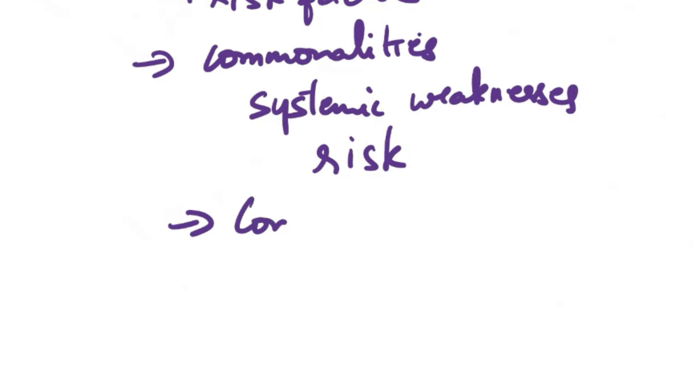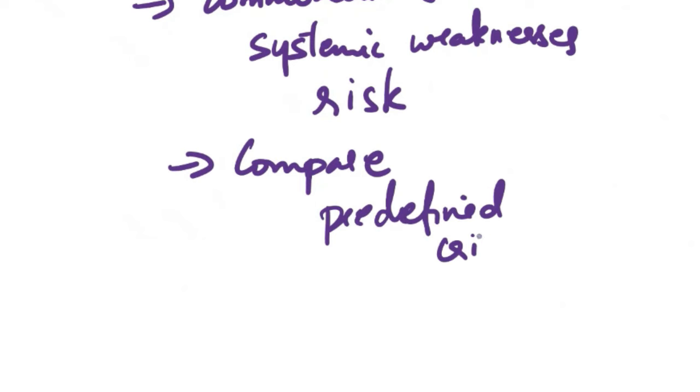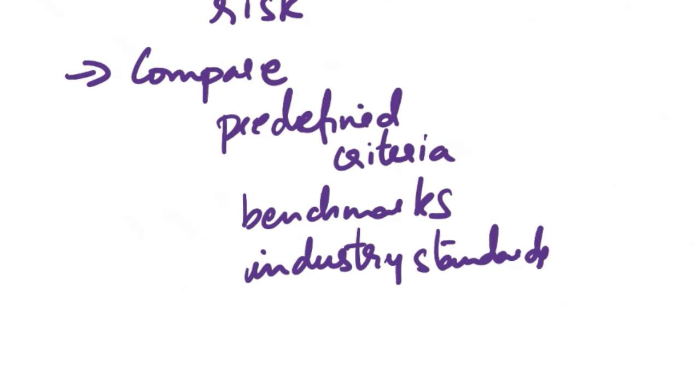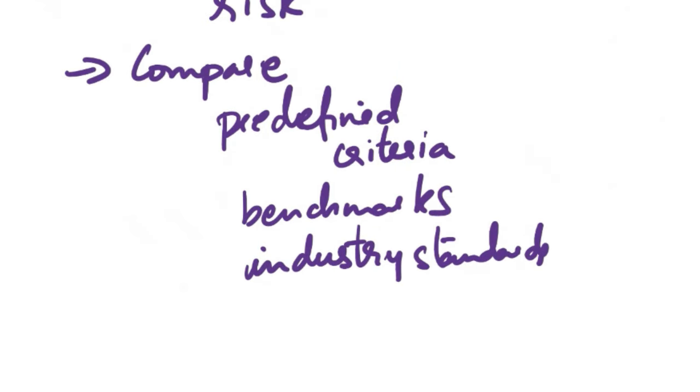Then you compare these findings against predefined criteria, benchmarks, and industry standards to assess compliance, effectiveness, and performance. You also evaluate whether findings meet established thresholds, expectations, or best practices and identify any deviations that may require corrective action.